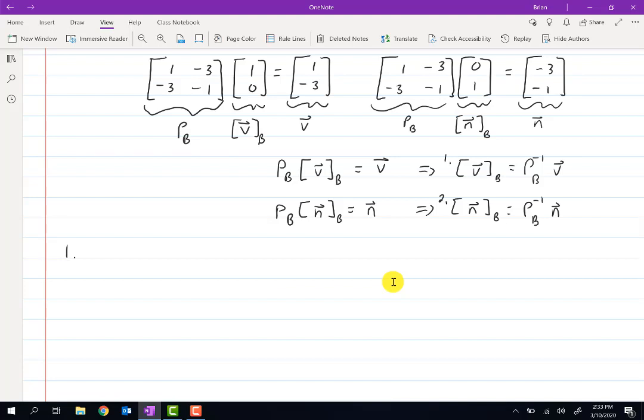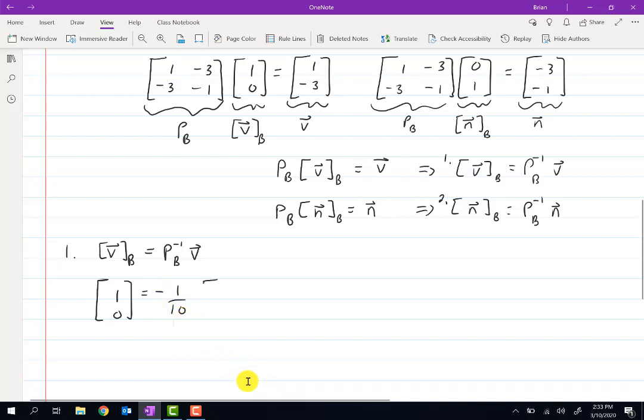we have the velocity vector in relation to the B basis. Let me put in the numbers. I already know this is 1, 0 for VB. For P sub B inverse, the determinant was -10, so we put 1 over the determinant out front.